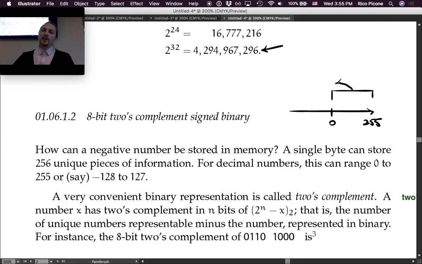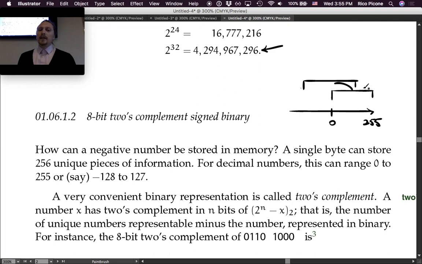You could just shift this over and go from negative 128 to positive 127, and you have the same number of them, but you're representing different numbers with the same byte.